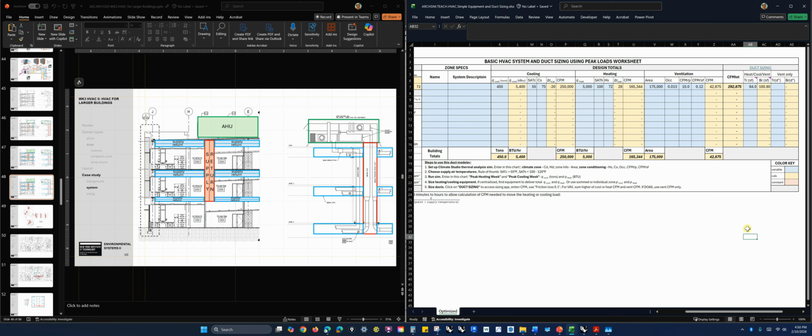Okay, so the one thing I didn't say here, though, so that's the duct sizing, but we also have our equipment sizing, right? So we know we need to find a piece of equipment that can deliver 450 tons of cooling or 5,400 kilo-BTUs of peak cooling.